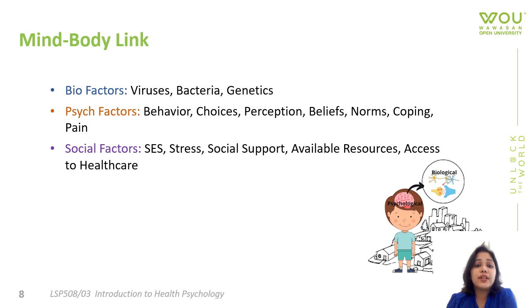The psychological factors include behavior, choices, norms, and coping, including pain. And the social factors include socioeconomic status, stress level, social support, available resources, and access to healthcare. Now, the interaction of all these three factors basically contributes to whether the illness improves or deteriorates.